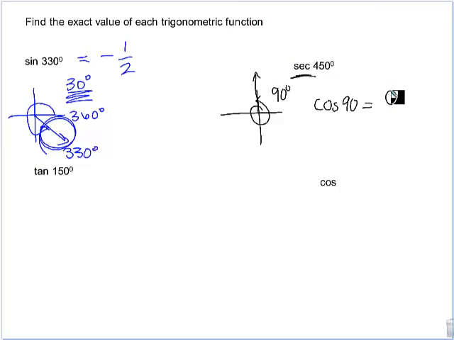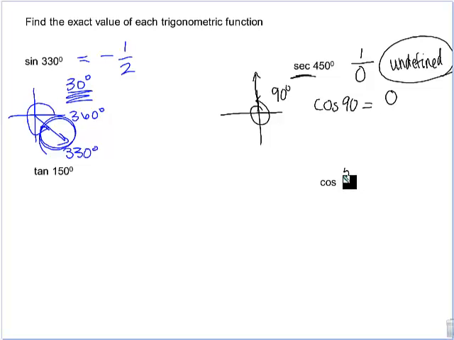How do you take the reciprocal of 0? Yep, the reciprocal would be 1 over 0. Can we divide by 0? Nope, so we're going to call this undefined. Is that one okay? We're going to do this one right beneath it next.